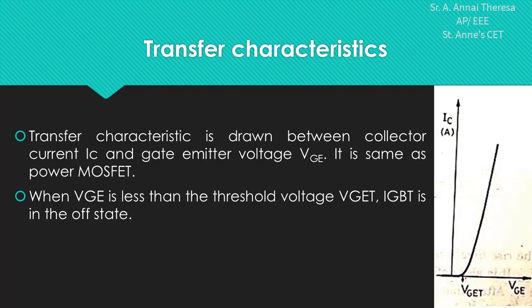Till VGE reaches this threshold voltage, the IGBT is in off state. After reaching this threshold voltage only, there will be a collector current and the IGBT starts conducting. So for the conduction of the IGBT, the VGE voltage should reach this threshold voltage.